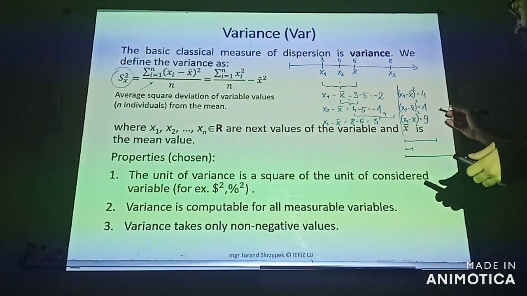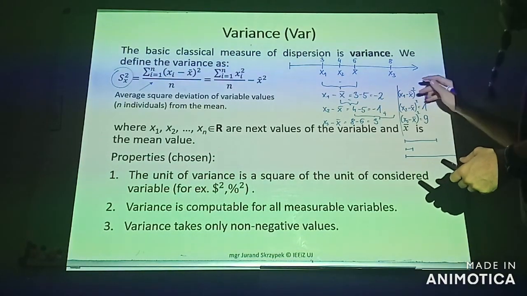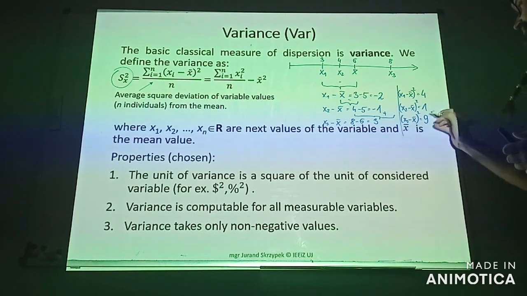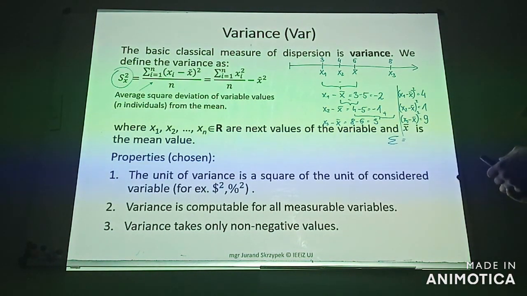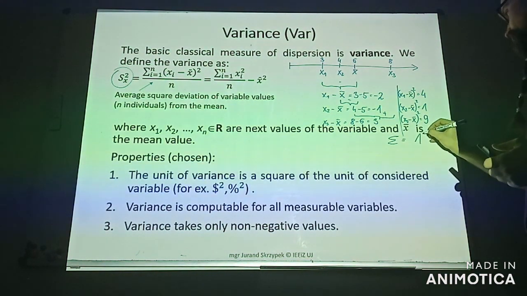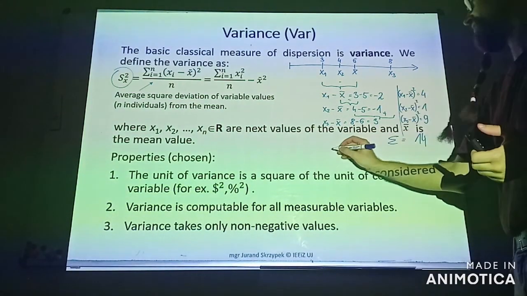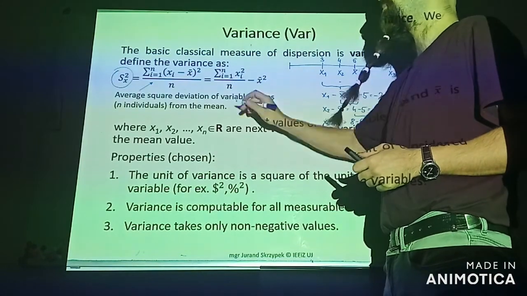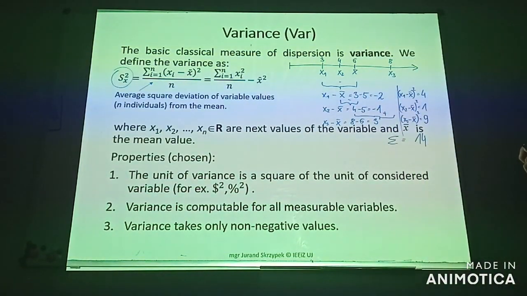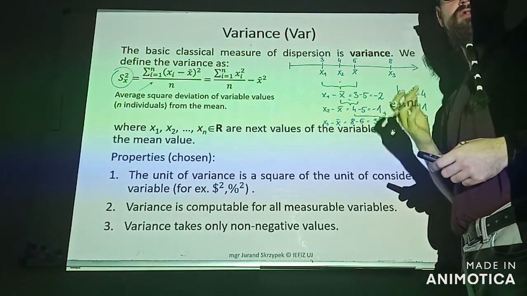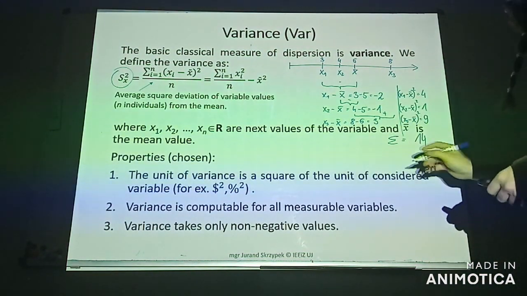So we should compute the sum of these squared deviations, which is equal to 14, and divide this sum by the population size, the number of individuals in the simple individual series.